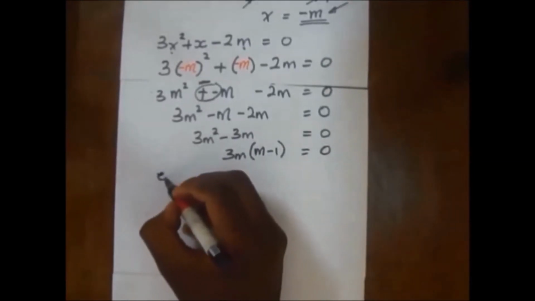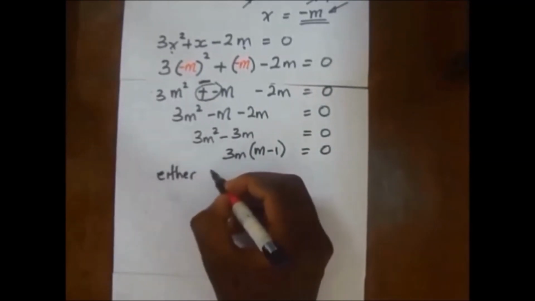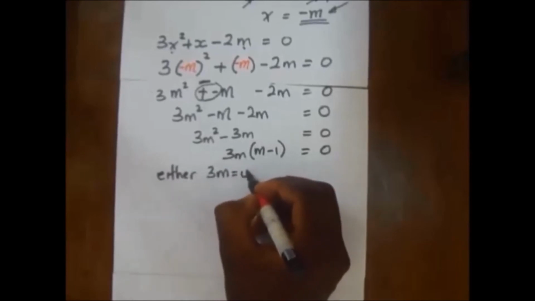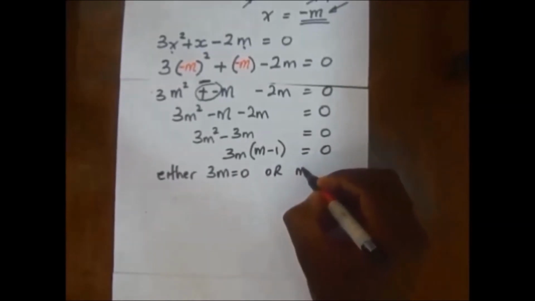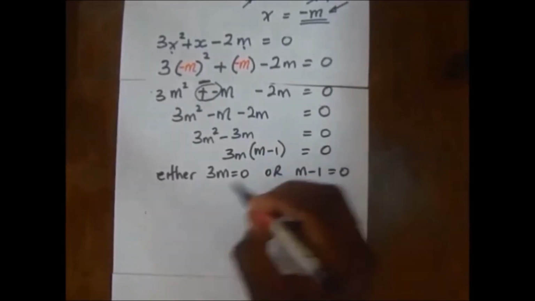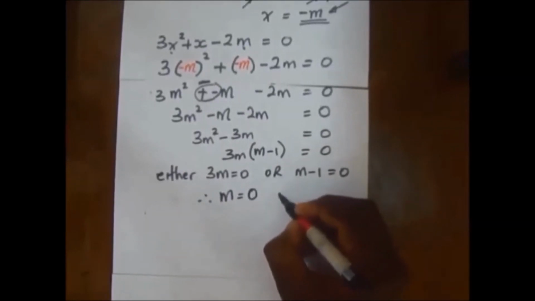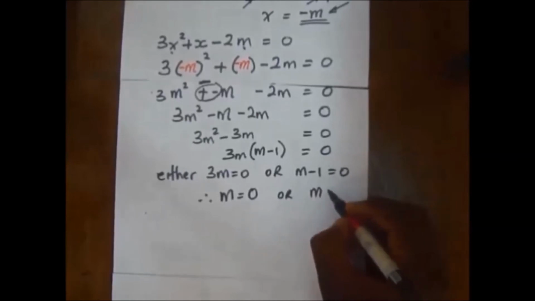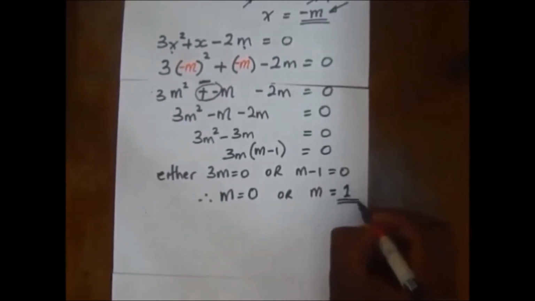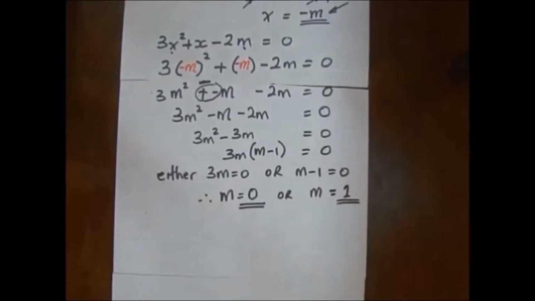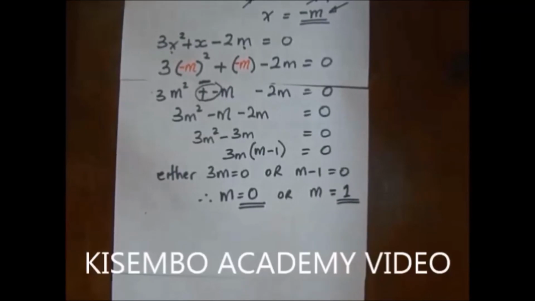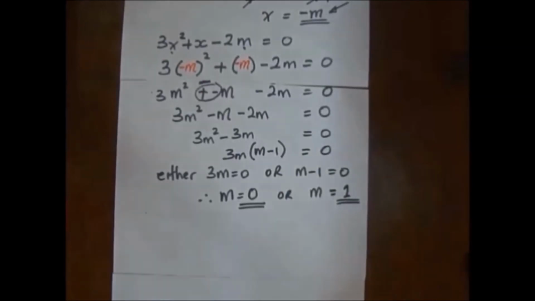So here either 3m is equal to 0 or m minus 1 is equal to 0. Therefore, the value of m here will either be 0 or the value of m there is going to be equal to 1. So we've answered the question. The question required us to find the possible values of m, and now we have gotten them. M is either 0 or m is 1.